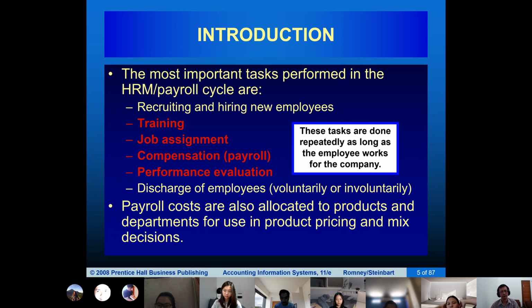Okay, so performance evaluation should be objective, should be achievable, and should be transparent. I mean, everybody should know. For example, if I want to be a professor, I know what I need to do, how many classes I need to teach, how many publications I need to make, how many community services I have to do.